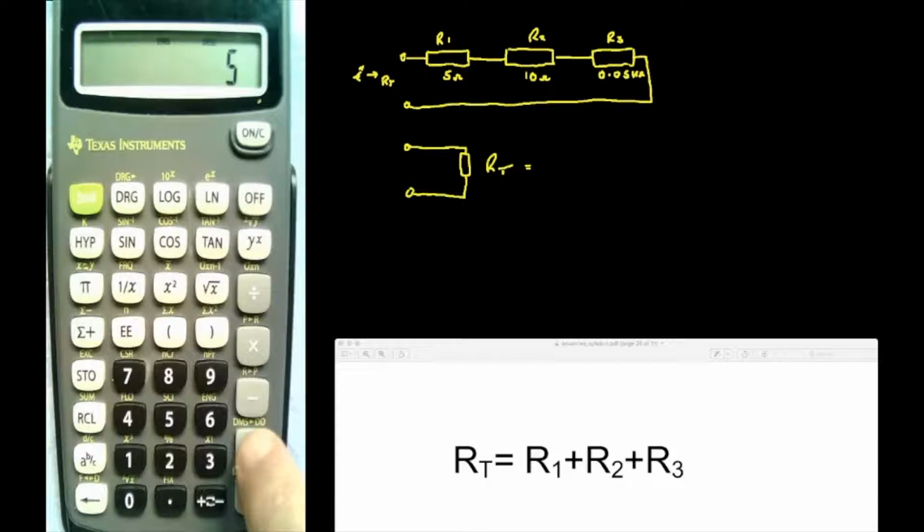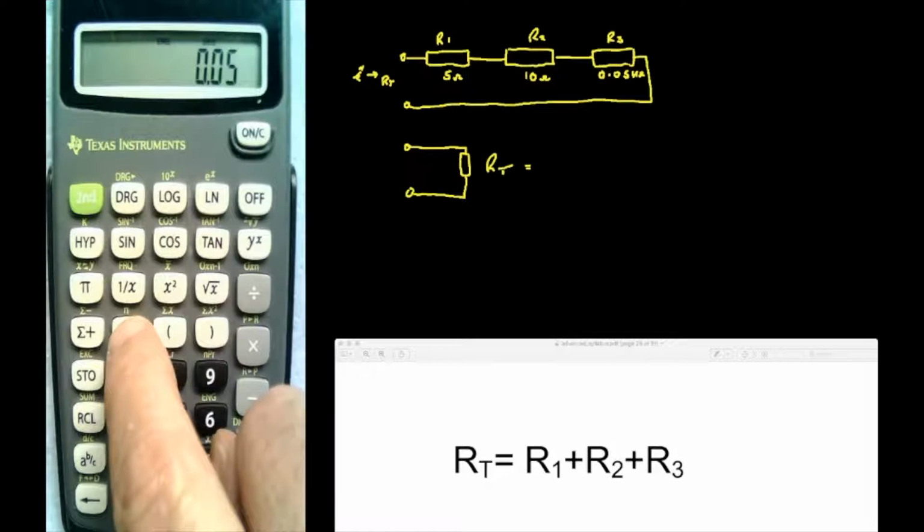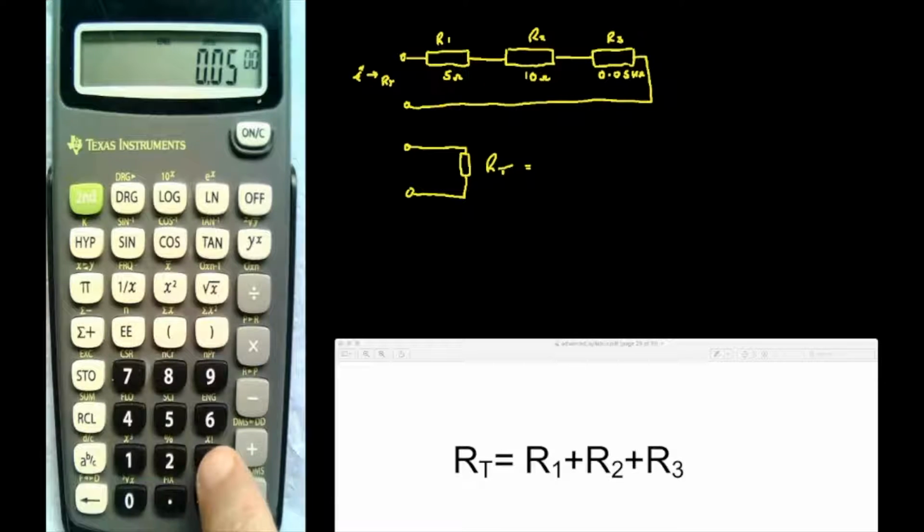Yes, I am, yes, plus 10, and we can put plus 0.05 EE, and we're in kilo ohms, 3, equals, and that will give us 65 ohms.